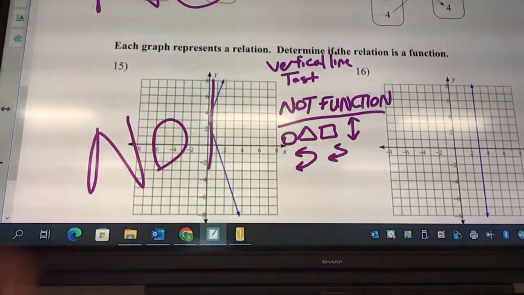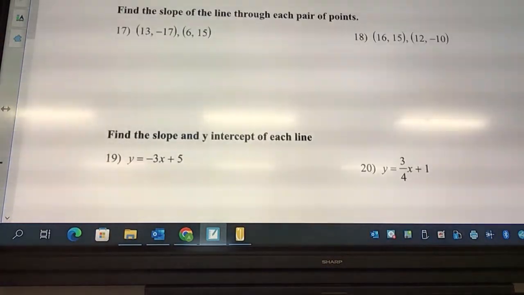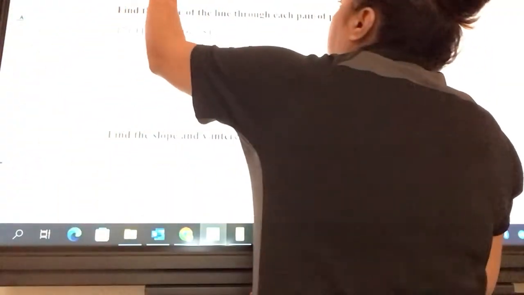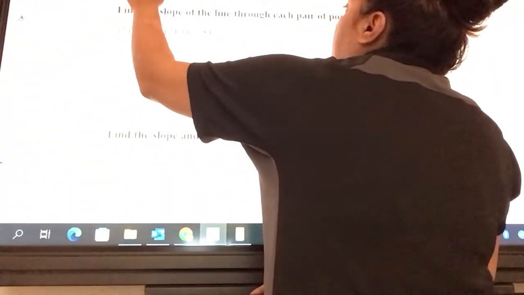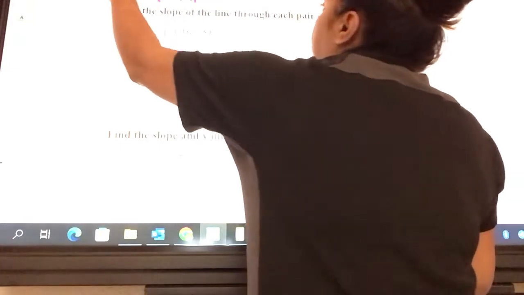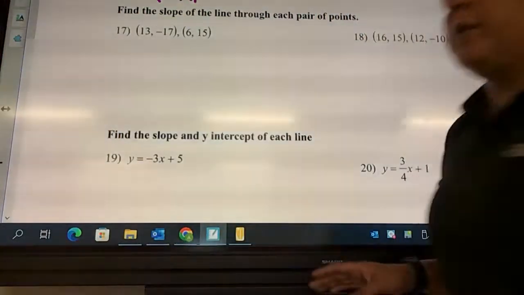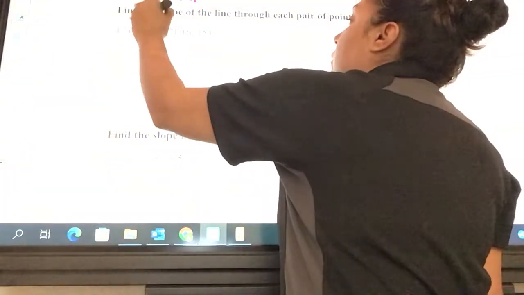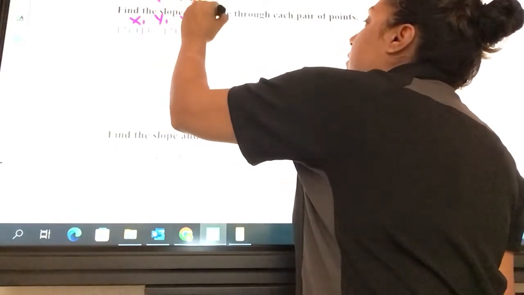Okay, the next section says find the slope. What is the formula to find the slope of a line? It's y2 minus y1 over x2 minus x1. Make sure on all the stuff where you have formulas, write them down. Get off your phone. So we have x1, y1, x2, y2.